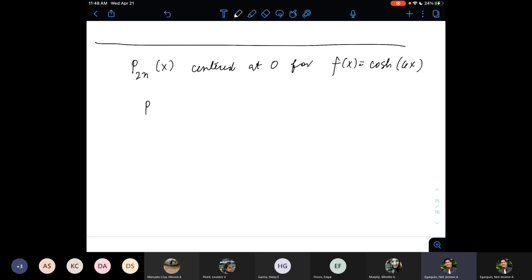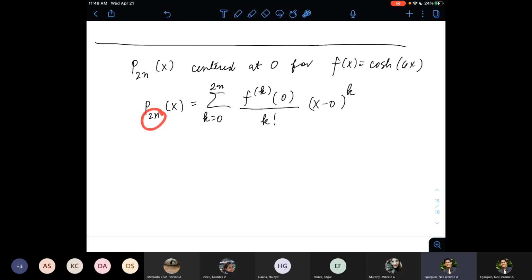P sub 2n of x will just be the sum from k going from 0 until 2n, right? f upper k evaluated at the center of expansion, the center of expansion here is 0, all over k factorial times x minus 0 raised to the power k, right? So this is the general formula for the 2n Taylor polynomial. You're looking for p sub 2n, so your summation will go until 2n.